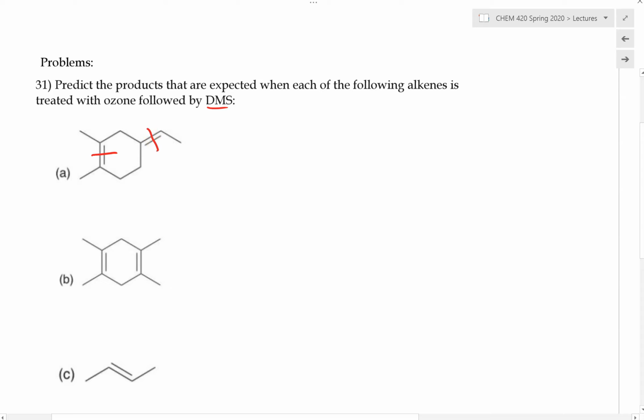So all carbon-carbon double bonds will be broken in that process, and we will convert them into carbonyl groups. Here we break this bond, so that becomes a carbonyl. And over here, we break that, and this becomes a carbonyl as well.